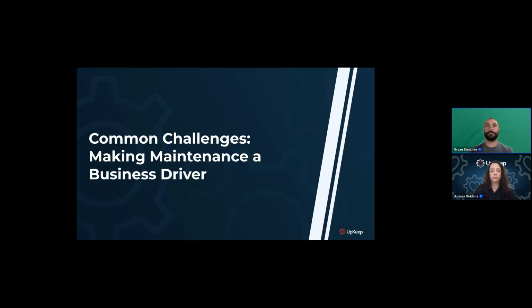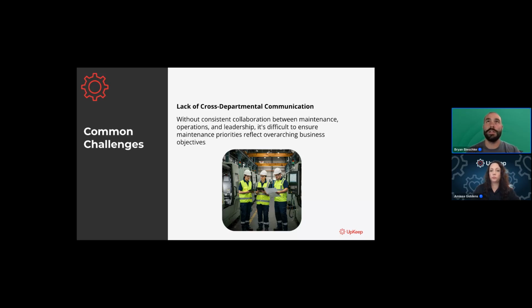Common challenges: lack of cross-department communication. This is the biggest one. This is where maintenance says, we handle all the machines. Operations, you just run the machines. Don't talk to us. Don't tell us anything. Safety, you yell at us when we do something wrong, and so on and so forth.